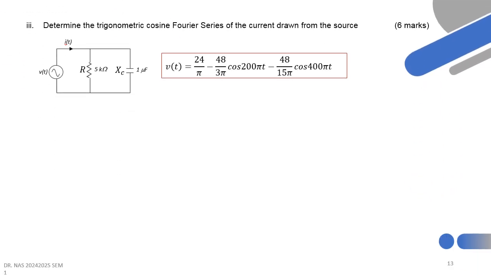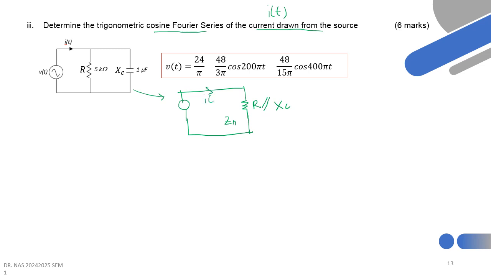Okay, next you need to determine the trigonometric cosine Fourier series for the current drawn from the source. So the current drawn from the source is IT. From basic circuit theory, you can represent this circuit into this. So you have the total impedance Zn, in which this is R in parallel with XC.